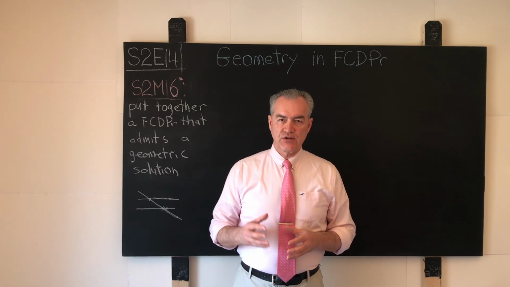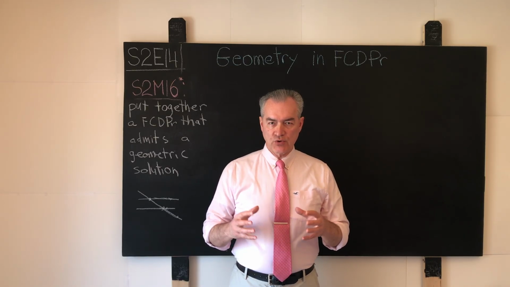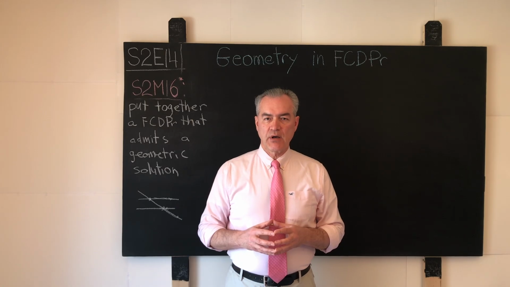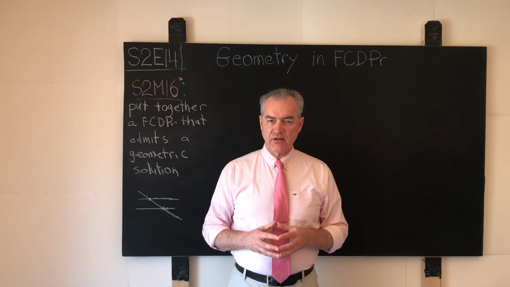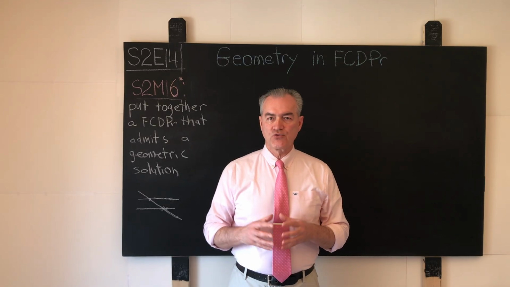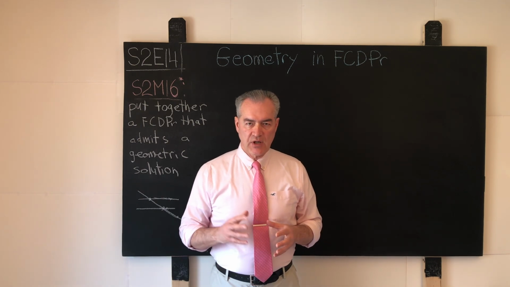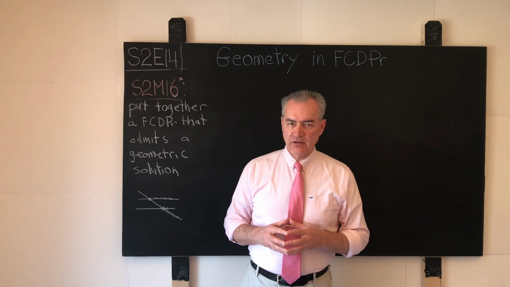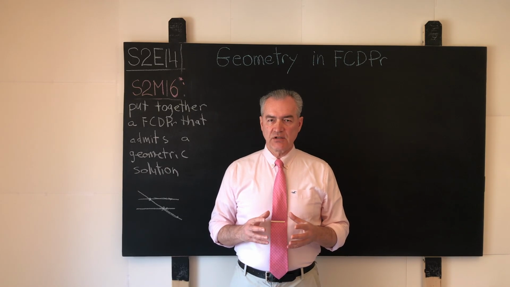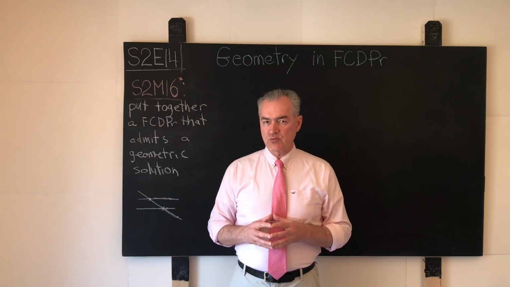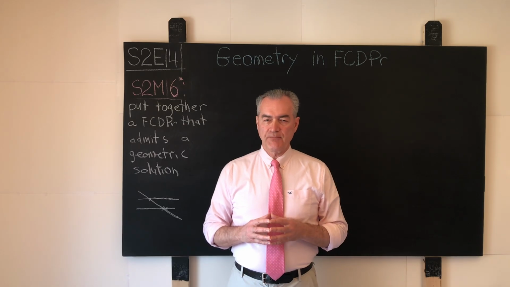In other words, in the mathematical problem S2M16, we are expected to put together everything that we know about the space-time problem-solving approach with everything that we know about the process of searching for a solution of a fake coin detection problem, and without getting too involved and too complicated, using simple and manageable numbers, construct at least one fake coin detection problem that admits at least one geometric solution.